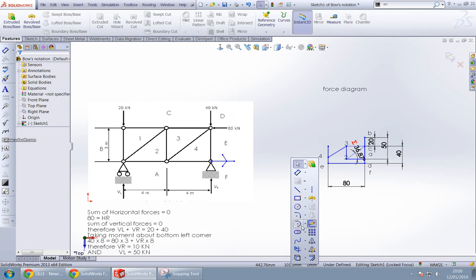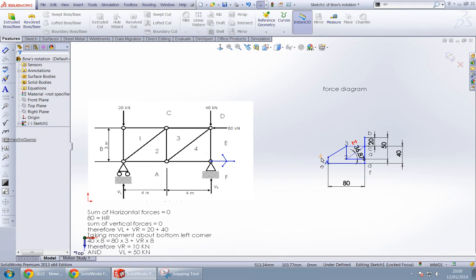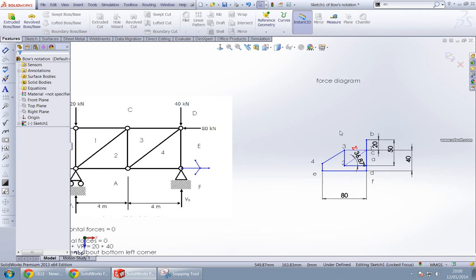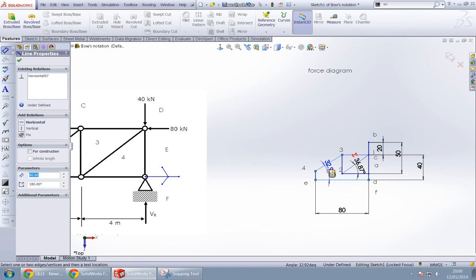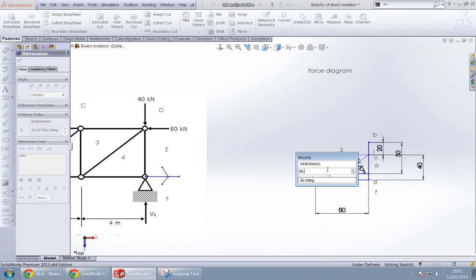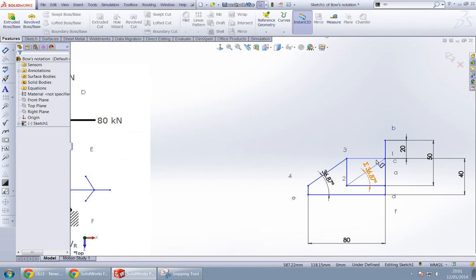Let me cut this extra part. Again, this angle is important, and as we know, the angles between these lines are the same. As we found before, this angle was 36.87, so this should also be 36.87. So I dimension it as 36.87. Now our force diagram is complete.